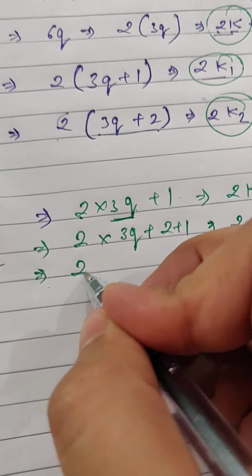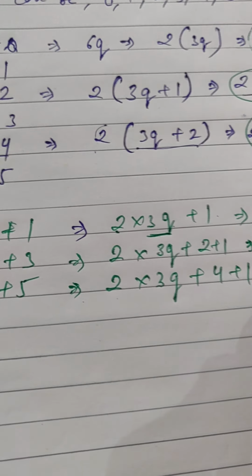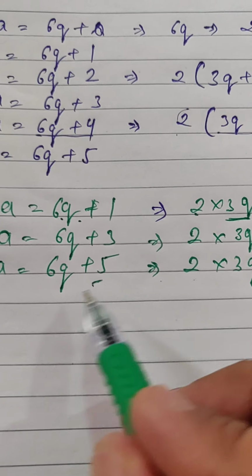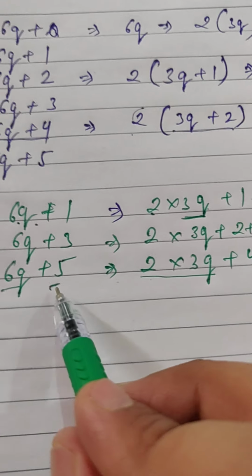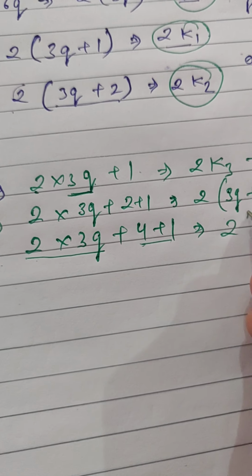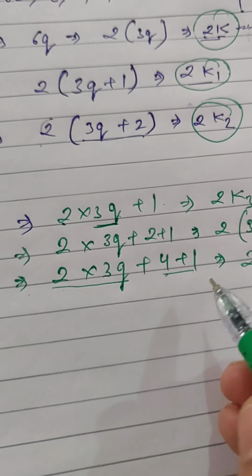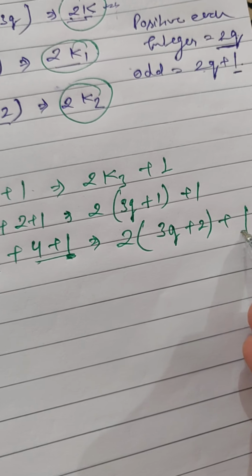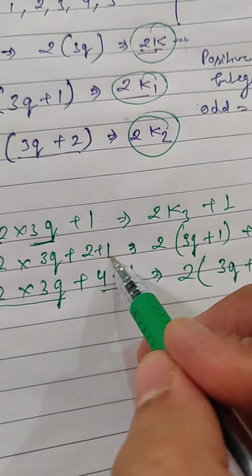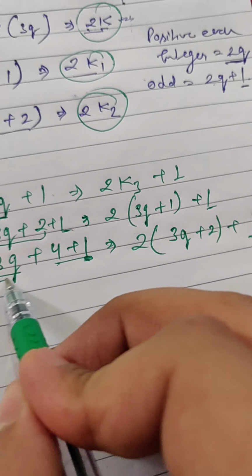Now 2 into 3q, this 5 can be written as 4 + 1, this 6q is 2 into 3q, this 5 is 4 + 1. So we have taken common, so this will be 3q + 2 + 1, meaning this plus 1 is here, this plus 1 is here, and we have taken 2 common out of these two.